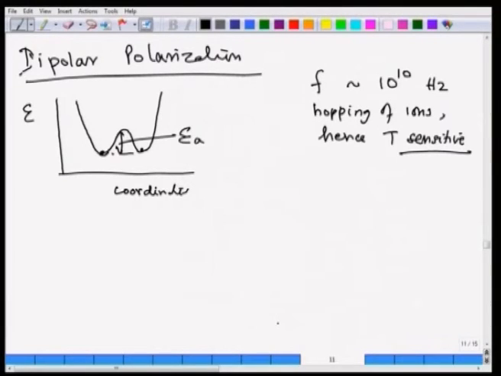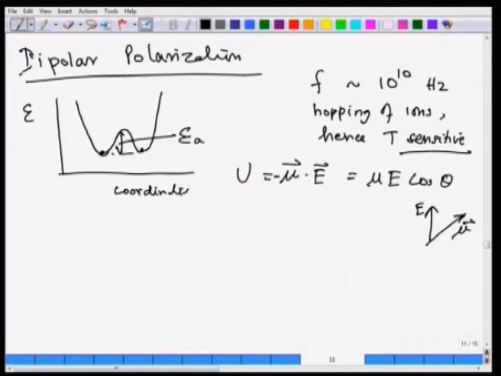You know that if there is a dipole moment mu, and we apply electric field, then the dot product of dipole moment and electric field gives us the energy, with a minus sign, which is equal to minus mu E cos theta, where if this is the electric field and this is the dipole moment direction, then this is the theta between them.